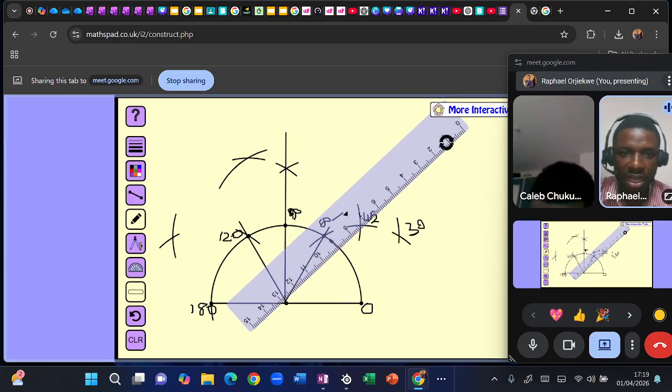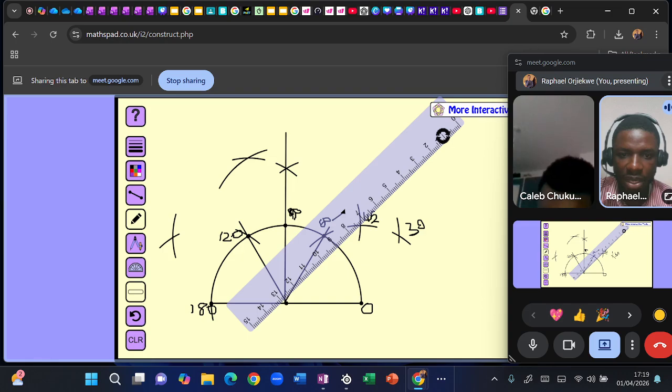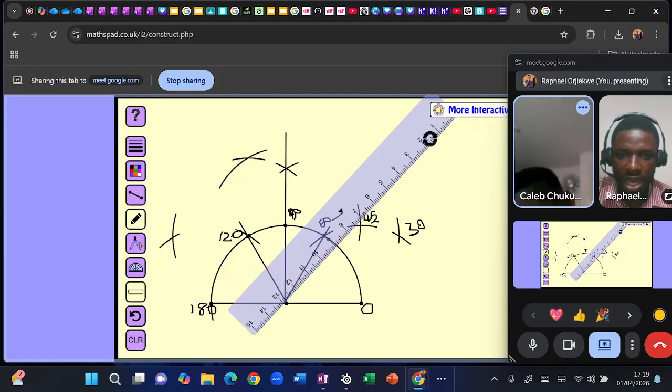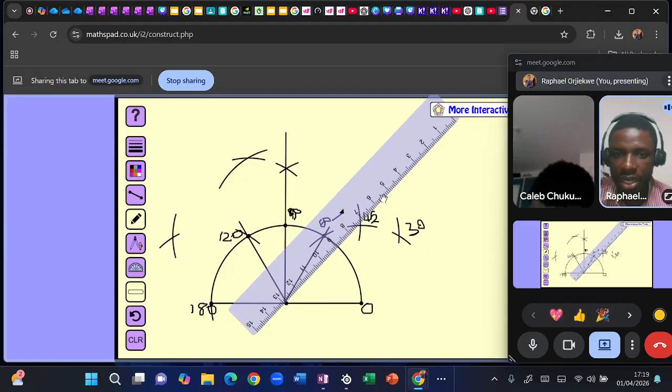The connection of the line was probably delaying a bit because I'm trying to be super accurate. Regardless, it's going to be accurate. Let's connect that.